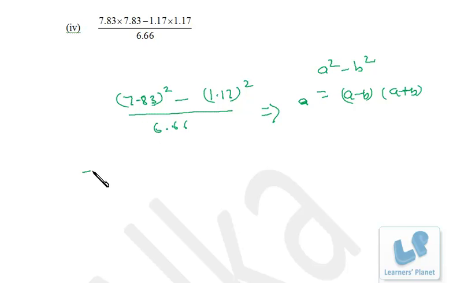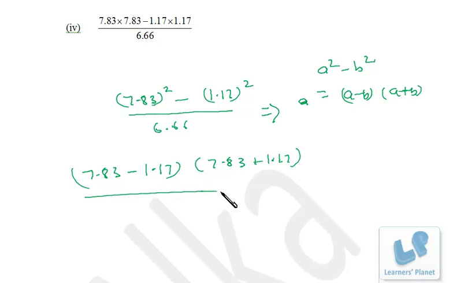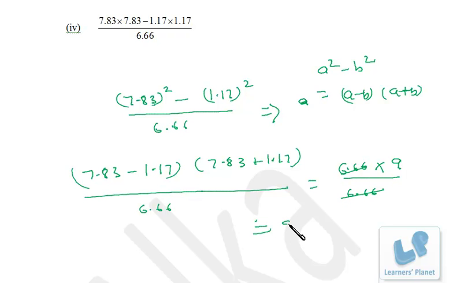So it can be written as (7.83 minus 1.17) into (7.83 plus 1.17) by 6.66. Now 7.83 minus 1.17 will be 6.66, into 7.83 plus 1.17 will be 9, by 6.66. So finally the answer is 9, right? As simple as that. Okay.